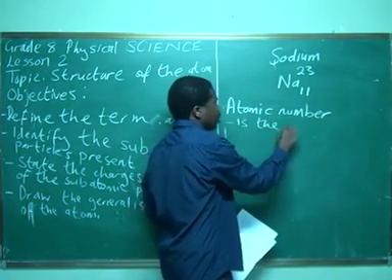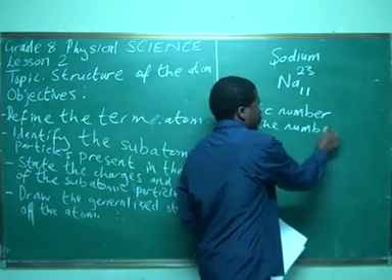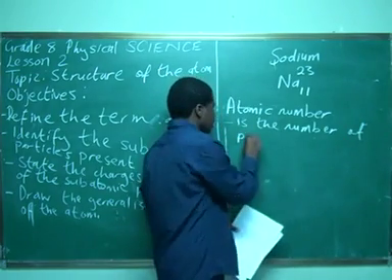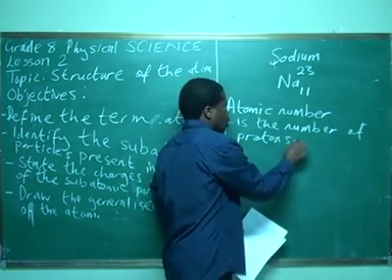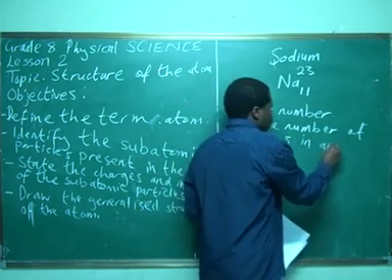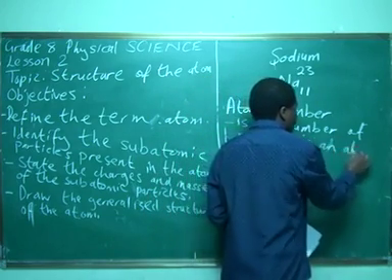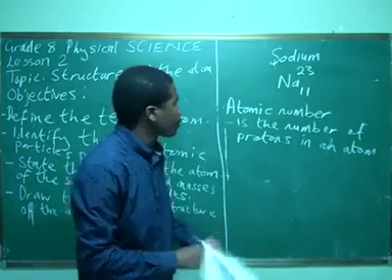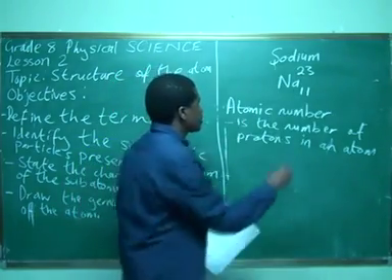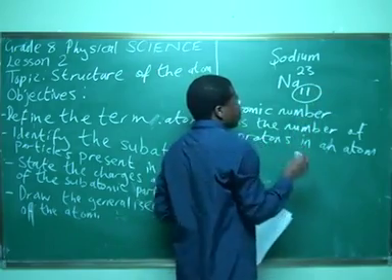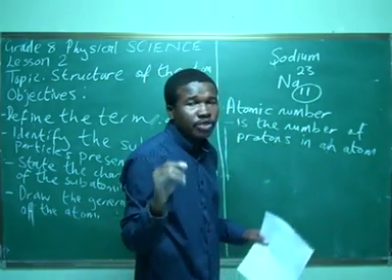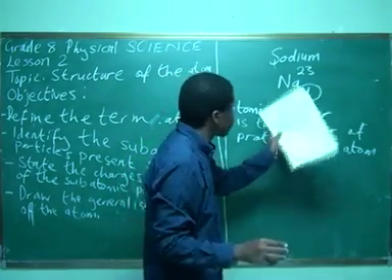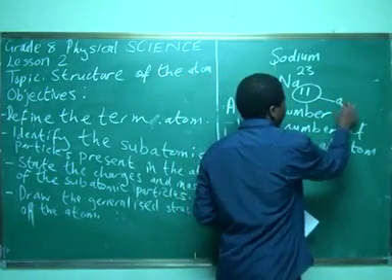The atomic number is the number of protons in an atom. If you look at this symbol of sodium, this is the number that represents the atomic number, because the atomic number is also equivalent to the number of electrons. So the number 11 is the atomic number.